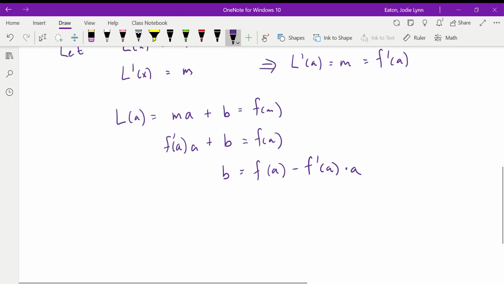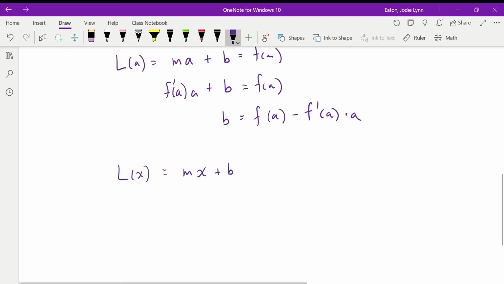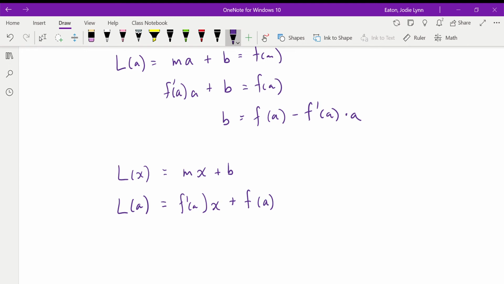So we can actually get a formula here, linearization, for the tangent line of f at x. So L of x is equal to m times x plus b, which is equal to f prime at a times x plus f of a minus f prime of a times a.